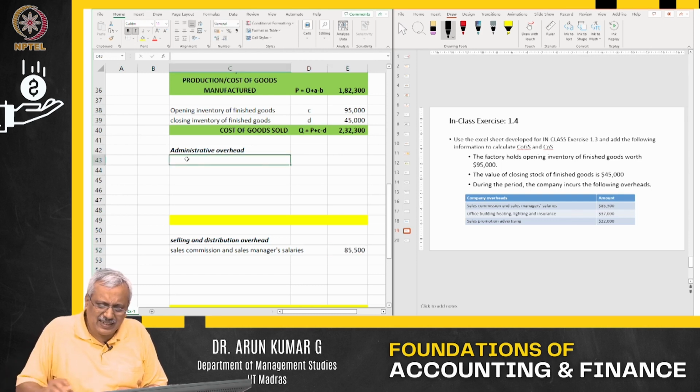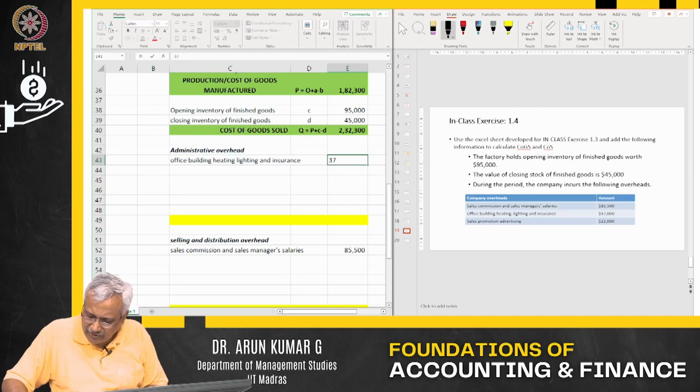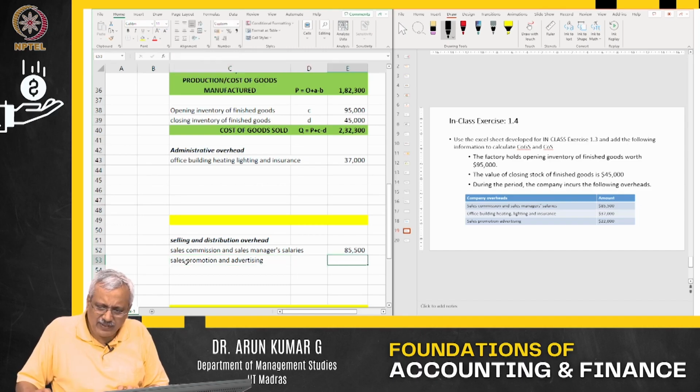Office building heating, lighting and insurance is part of the administrative overhead in this particular case. I am just writing it here and that is about 37,000. Sales promotion and advertising, selling expenditure, is about 22,000.